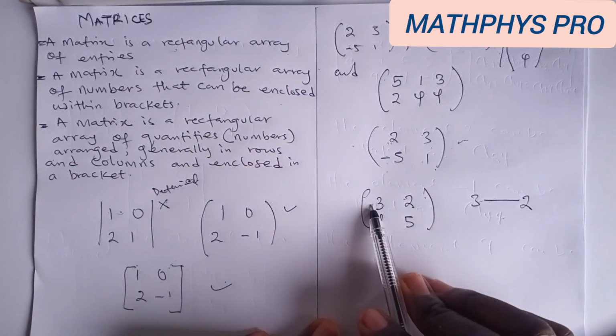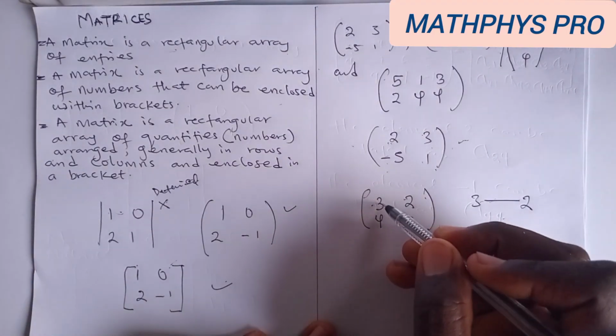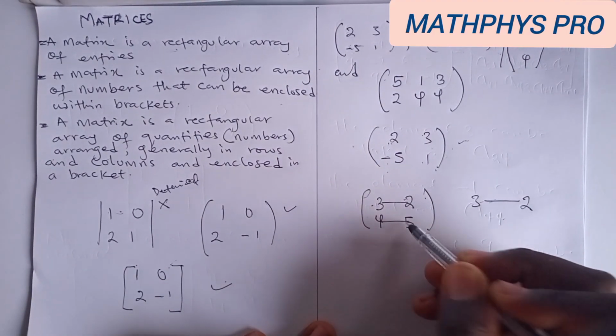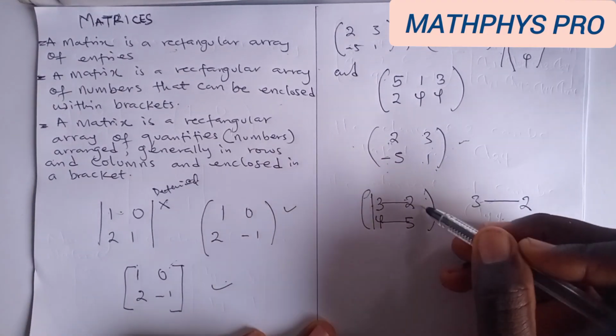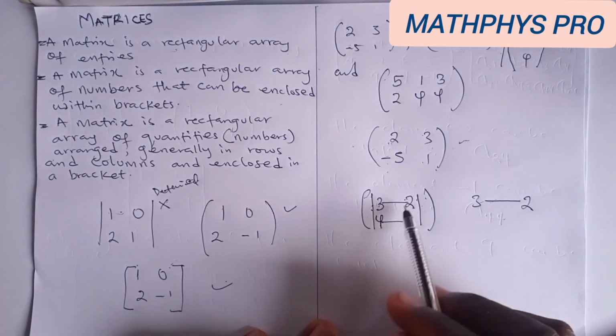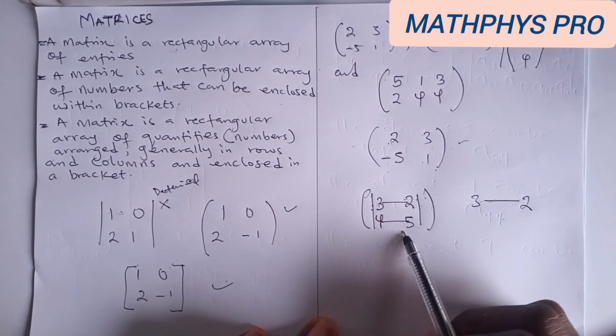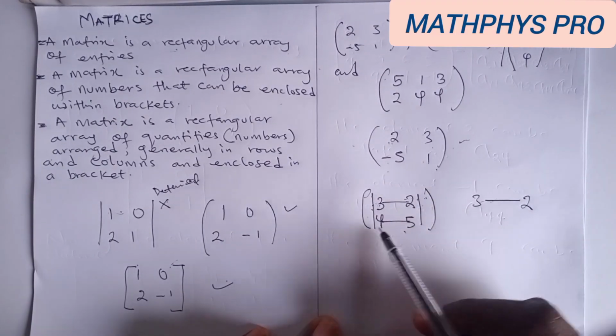For example, this is the first row, and this is the second row. If you want to identify the columns, this is the first column, and this is the second column. The first column runs from 3 to 4, the second column runs from 2 to 5, and likewise the first row runs from 3 to 2, and the second row runs from 4 to 5.